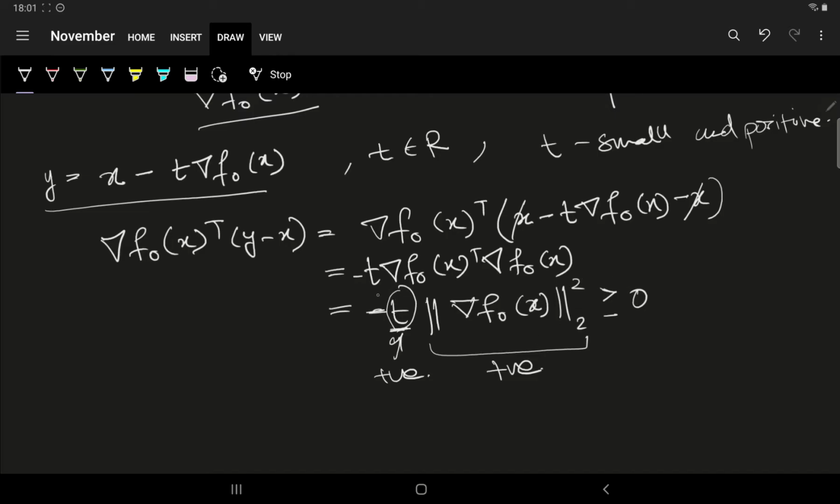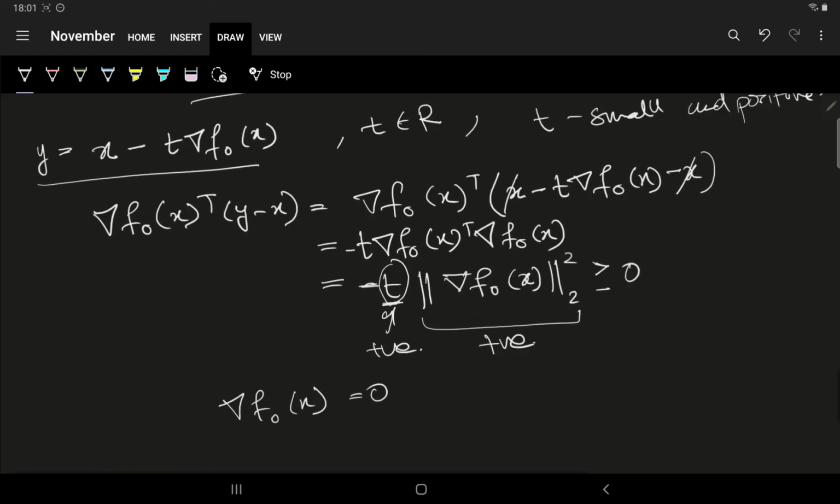This inequality can only be true if we can see that this is equal to 0. If it is equal to 0, then this will turn to equality, that is equal to 0.